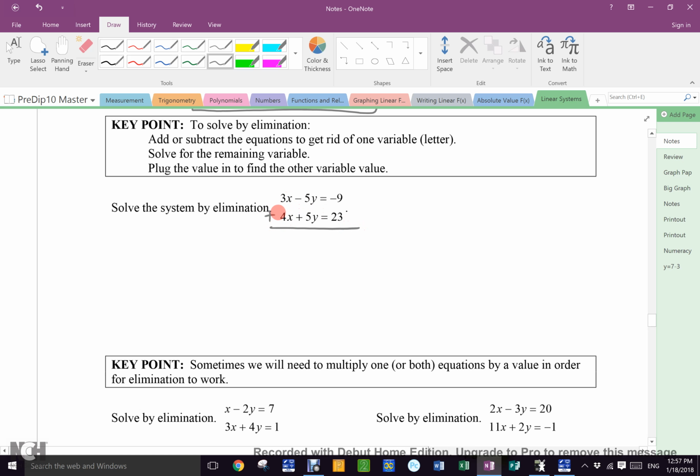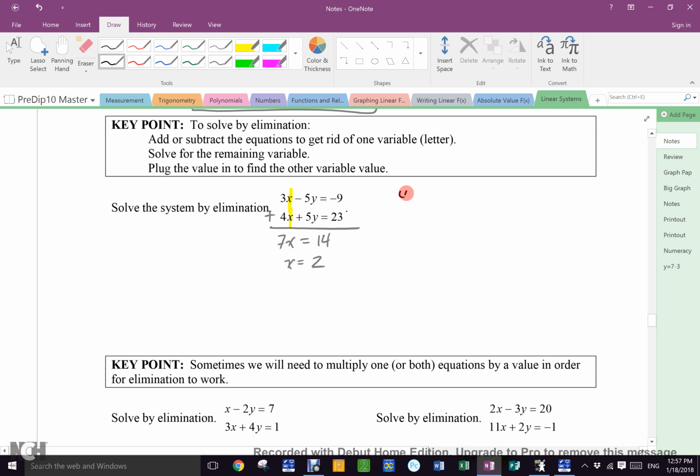When I add them, 3 plus 4 is what? 7x. Negative 5 plus 5 is what? 0. Negative 9 plus 23 is what? 14. What does x equal? 2. X is 2. What does that mean I can do everywhere I see an x? I can put a 2.